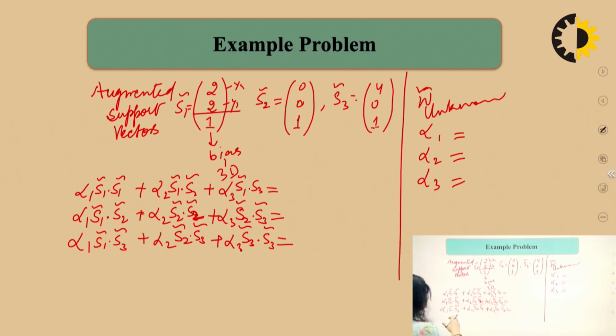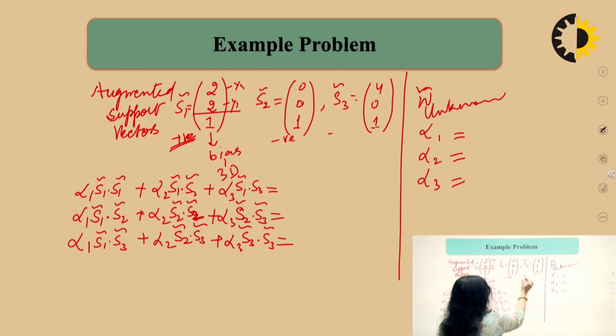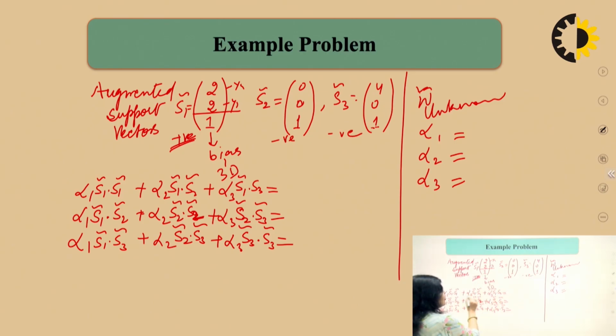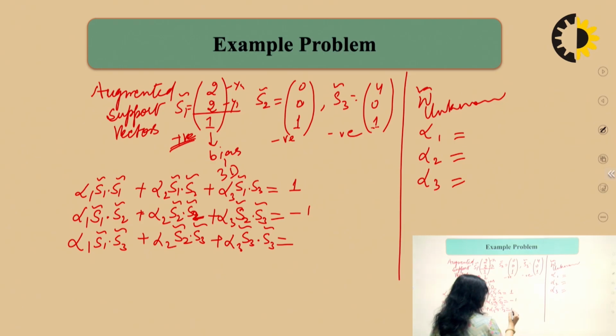If you remember, S1 is a positive class point and these two are negative class points, right? So for the first equation, we will equate to positive 1, and for the rest of the two, we will equate to -1. This way, we have got three different equations here.